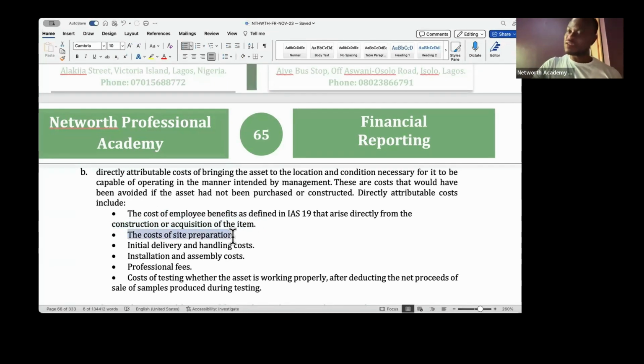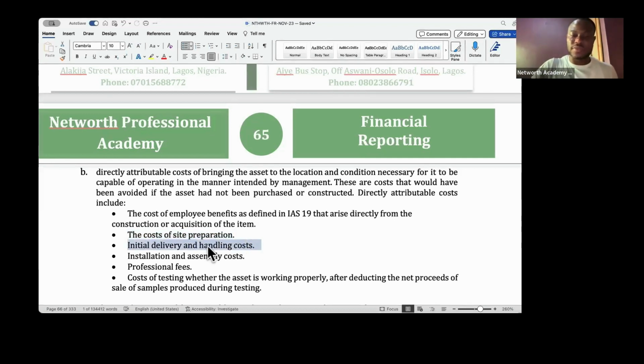Then site preparation, where you want to place the asset. If you have to get it ready, or probably you want to construct a building, you have to clear the site, do some groundwork, getting it ready. That should be capitalized as part of the cost of the asset.